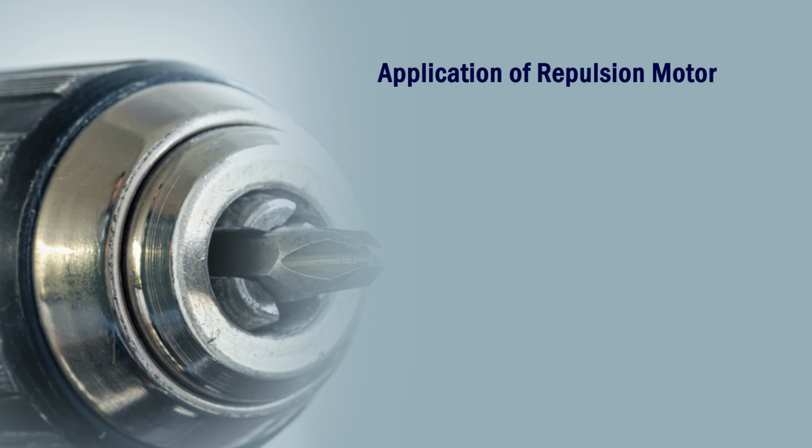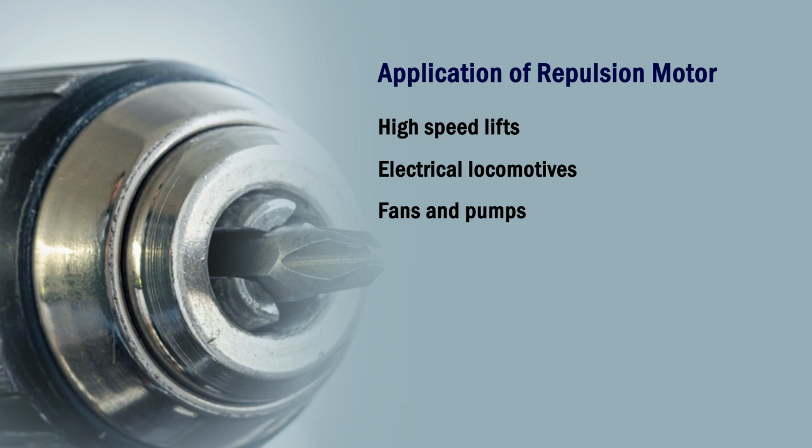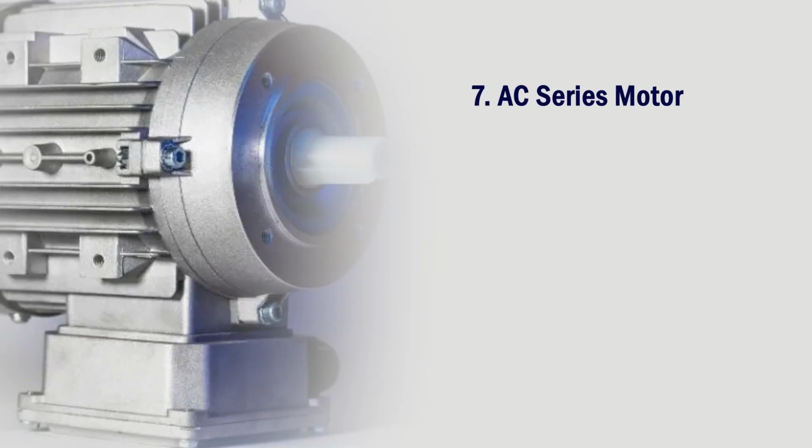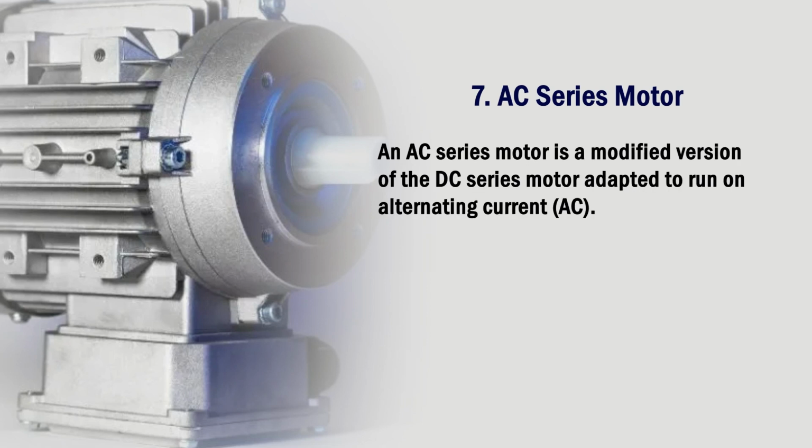The applications of repulsion motors are in high-speed lifts, electrical locomotives, fans and pumps, printing presses, and textile machines. They are also used in film winding machines, where smooth manual speed and direction adjustment can be achieved without complicated circuitry.